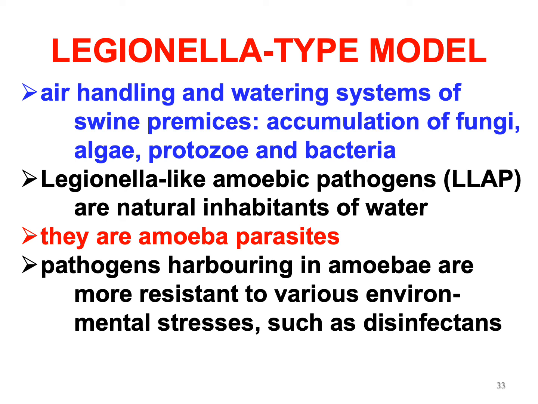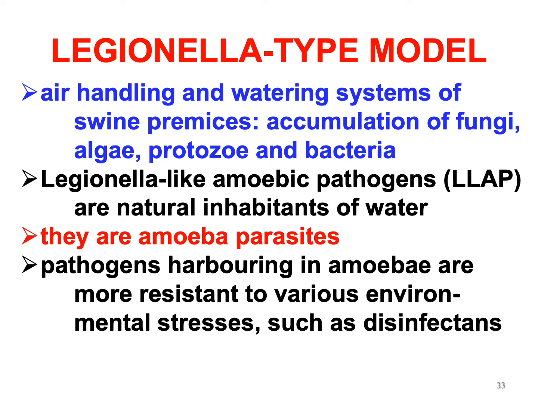They are amoeba parasites. The pathogens harboring in amoeba are more resistant to various environmental stresses, such as the disinfectants that we are using for the disinfection of drinking water.